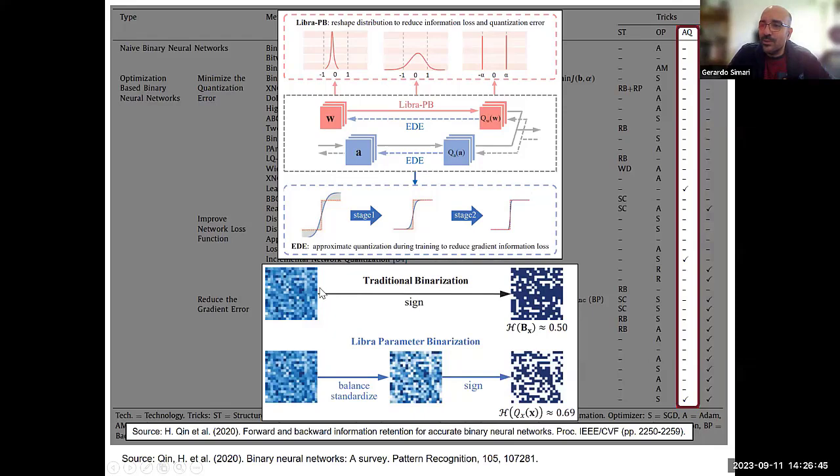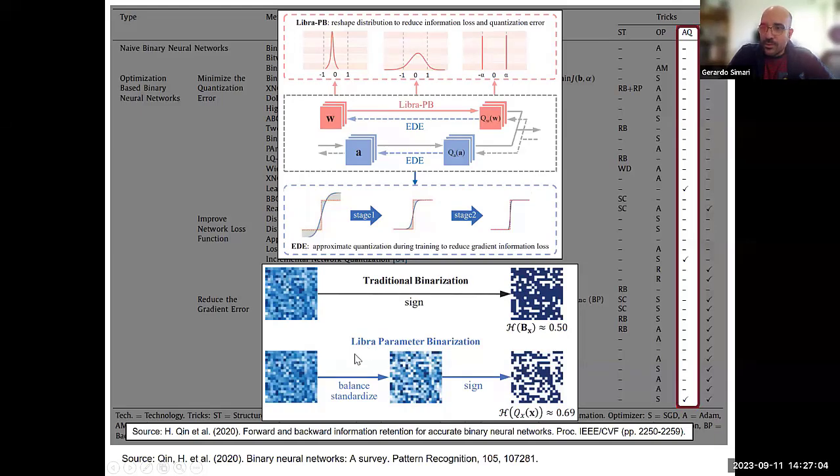But essentially, with traditional binarization you just take the sign and you get something like this, where this is computing the entropy value, and you can see that it loses a lot.